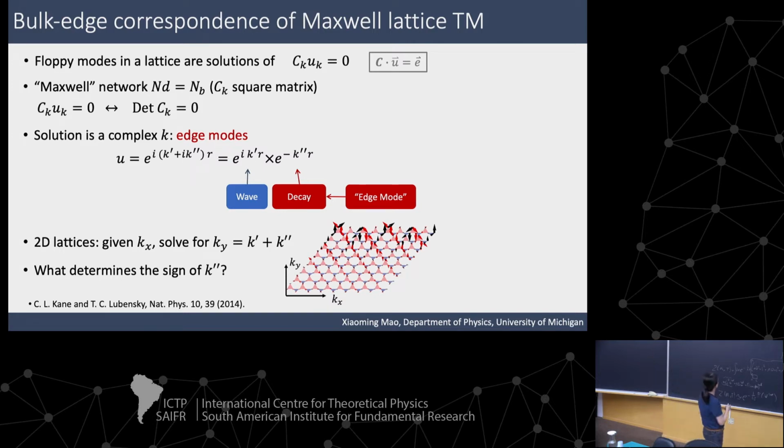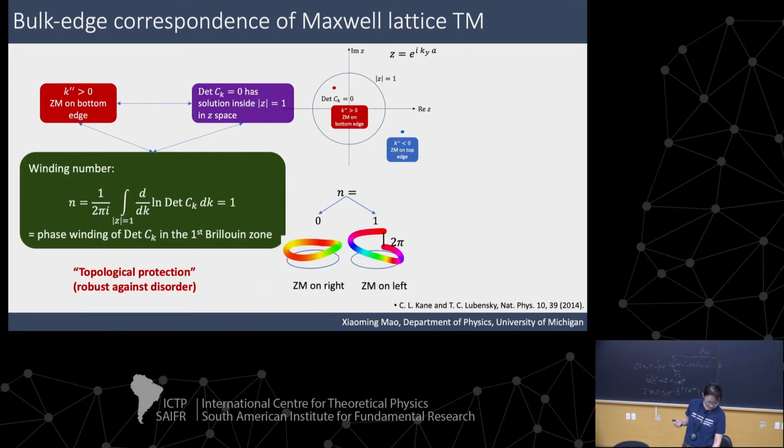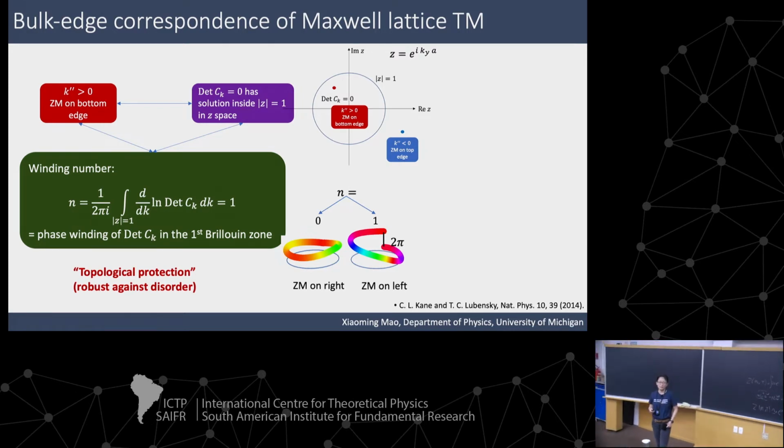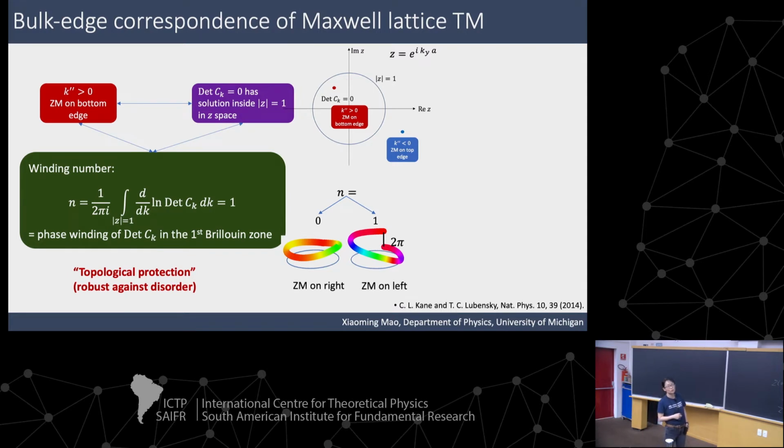Any other questions? Okay, so here we want to know what determines the sign of this solution, right? This turns out to be a question where you can use analytic functions and properties of these integrals to explain. This is a complex slide, so let me do it slowly.